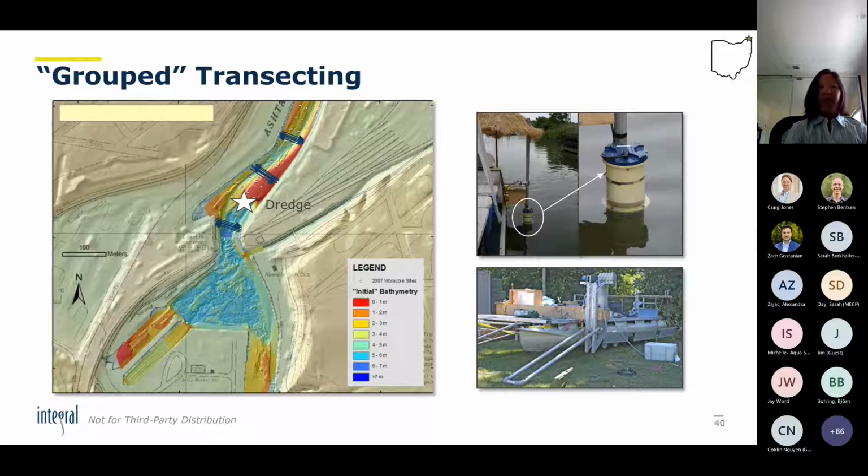The second type of vessel operations was what we termed group transecting. Group transecting involved the collection of transect data repeatedly in the same area back and forth over periods of about an hour or more. We repeated many groups of transects at predetermined distances from the dredge and used grouped transecting data to make estimates of the mass of material resuspended during dredging.